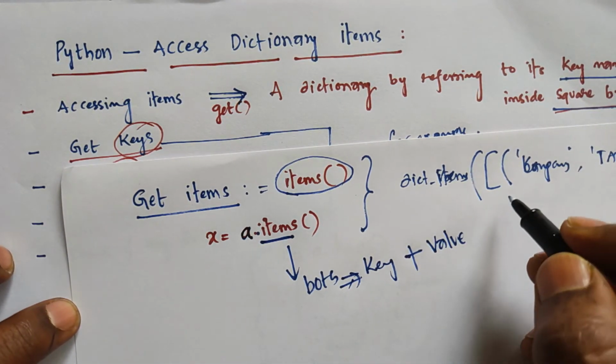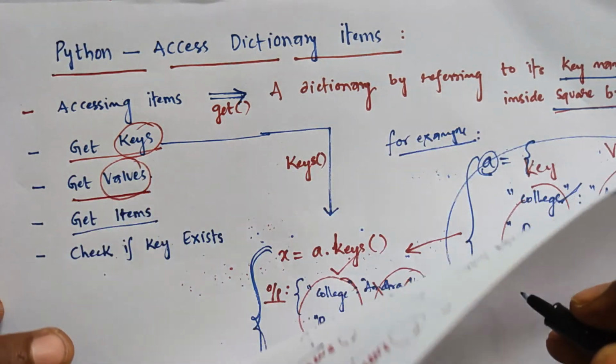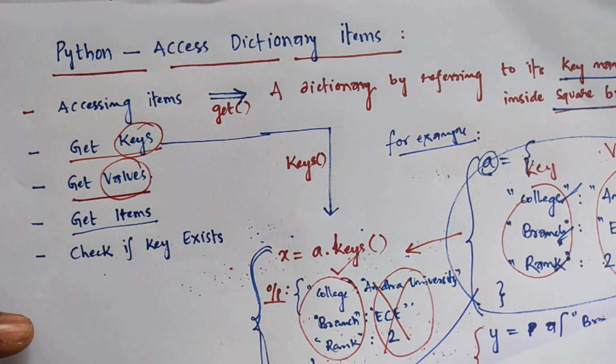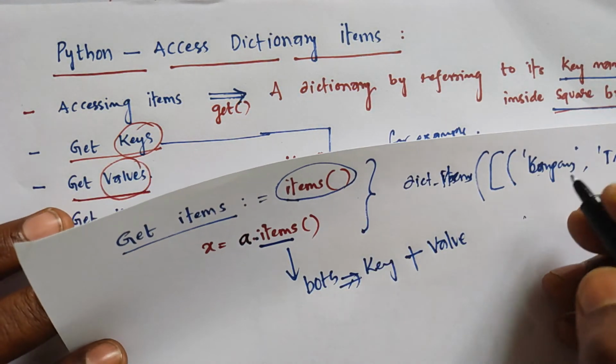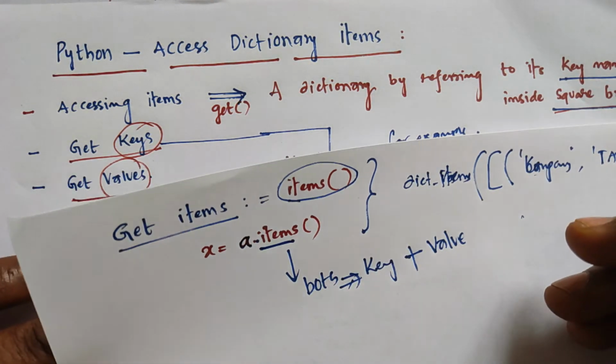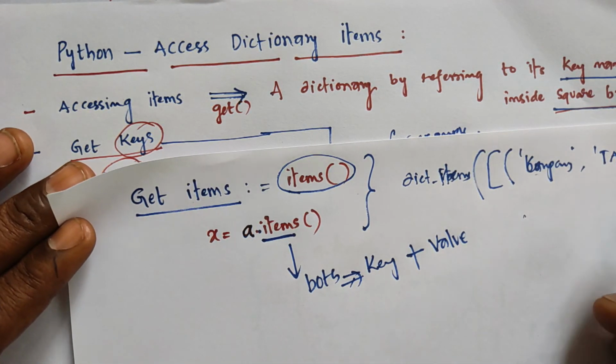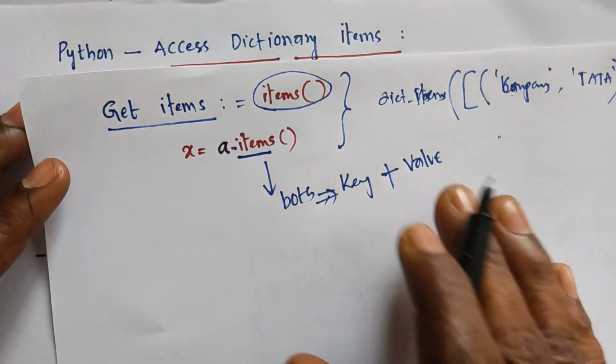Similarly, whatever responses you take, company name, branch name and so on, you will get one by one.